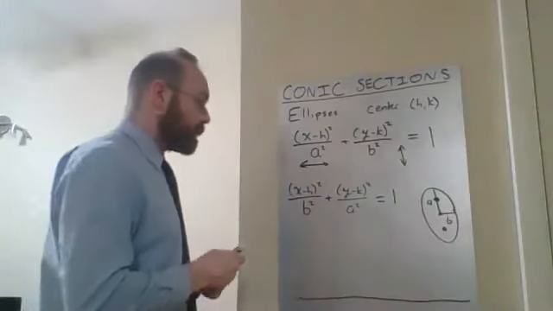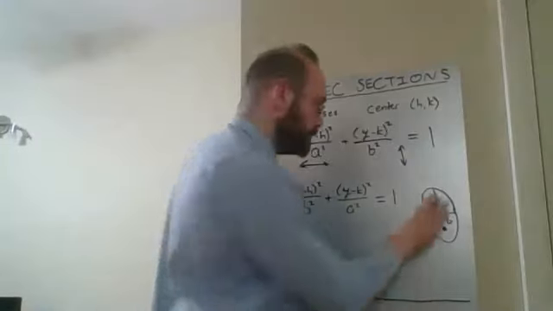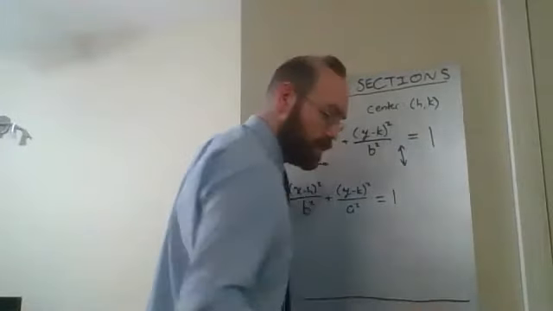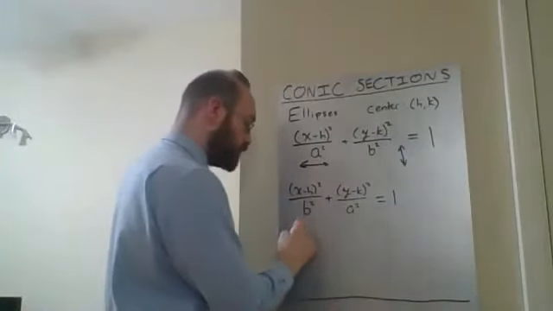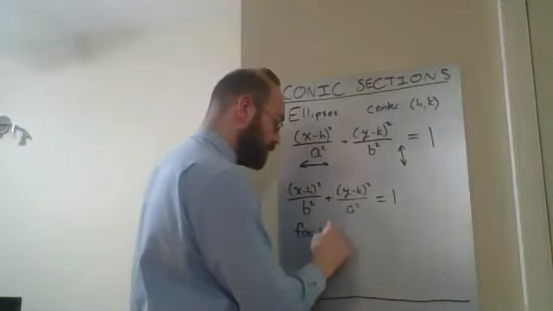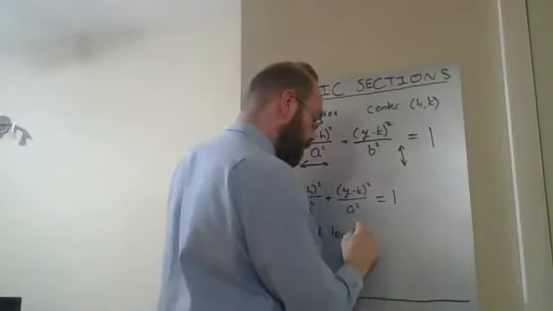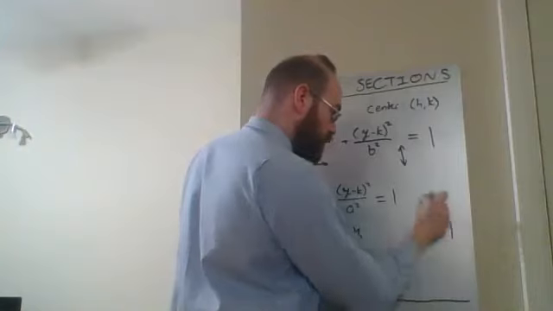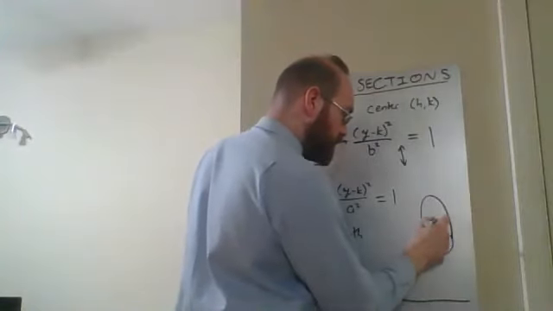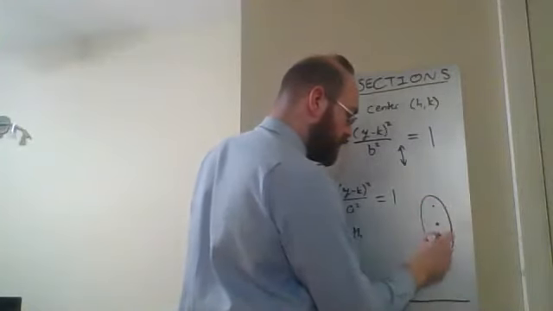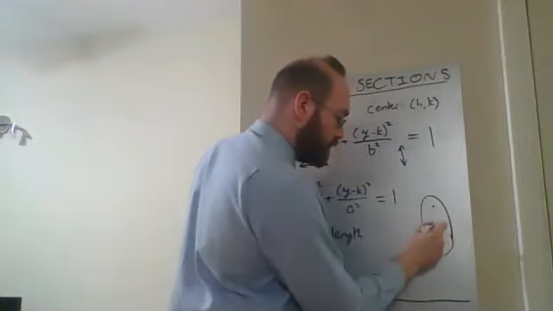And so there's this third quantity called focal length. So if I draw this ellipse again, here's our center, here are the two foci.